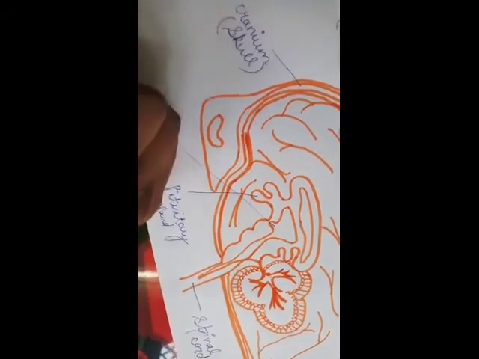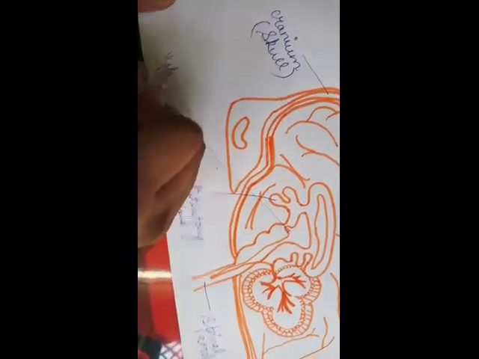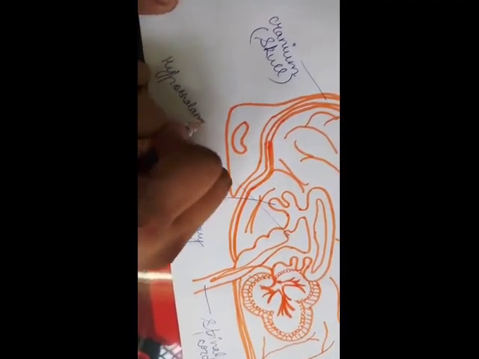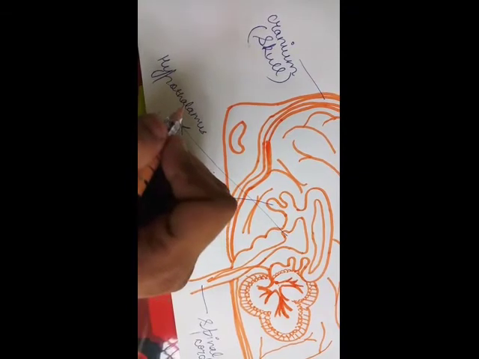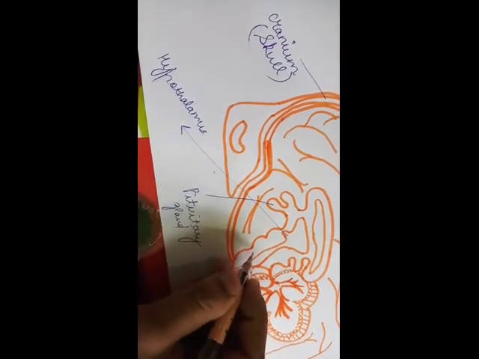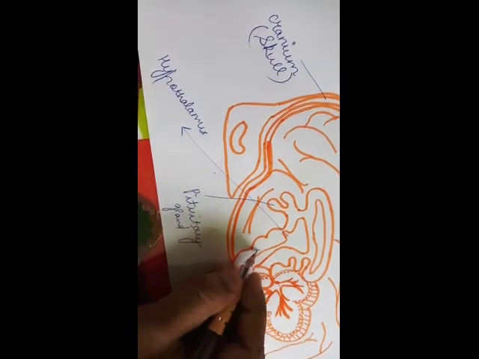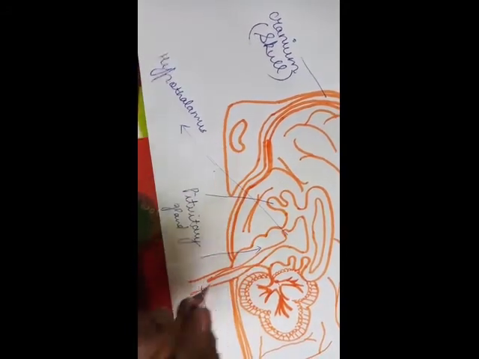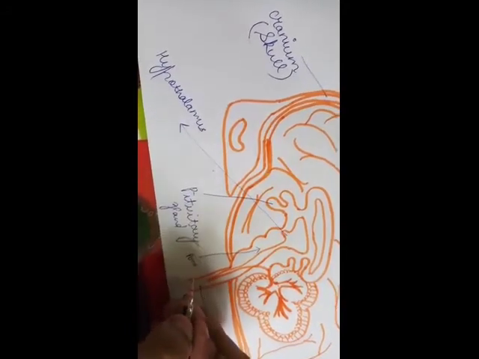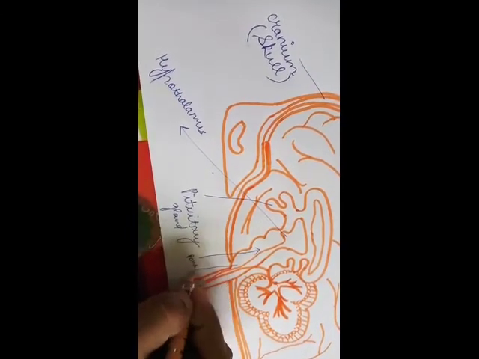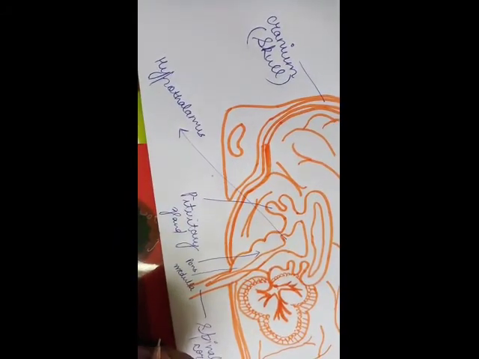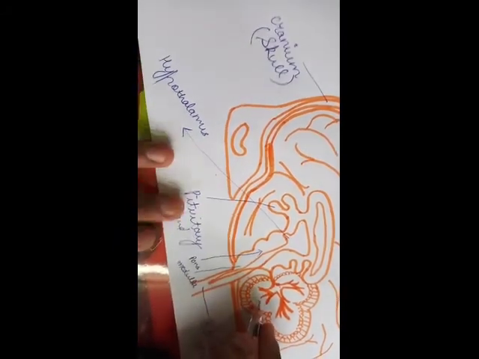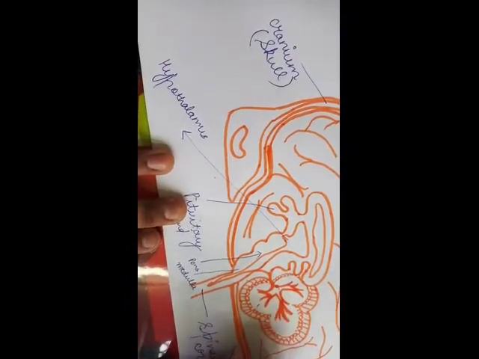This one is pons. This one is medulla. And this one is cerebellum, the part of the hindbrain. Cerebellum.